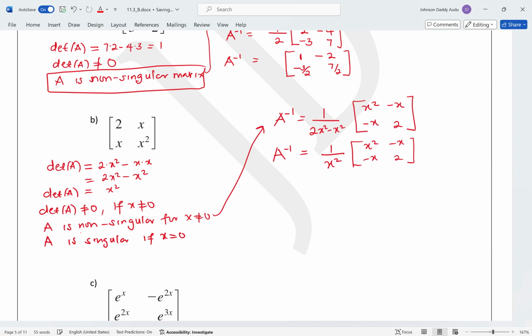But remember, we said x is not equal to 0, so we can just take it inside. So this is just going to be 1, minus 1 over x, and this is going to be minus 1 over x cubed, and down this is going to be 2 over what?